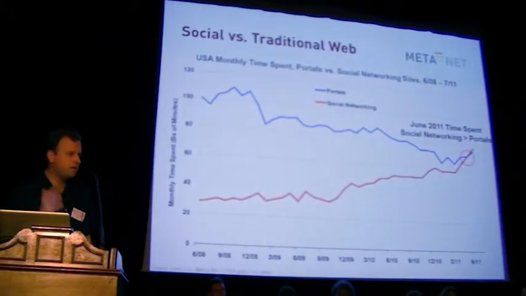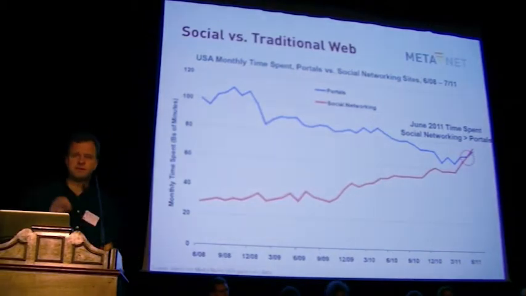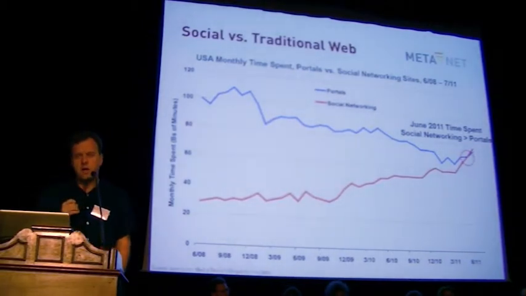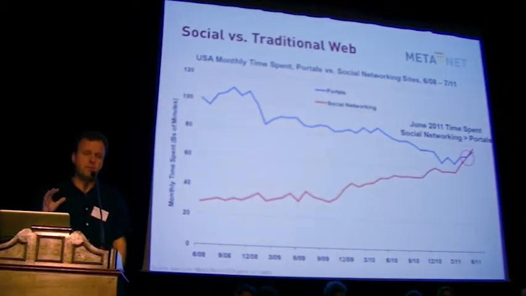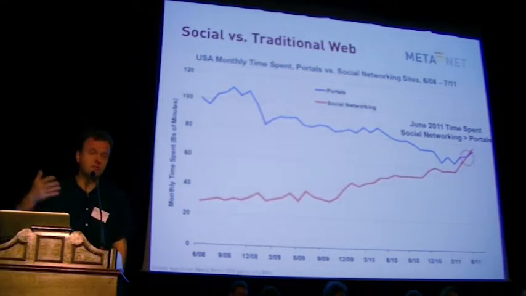Okay, last year probably not many of you spotted this relatively historical moment. This graph shows the amount of time people in the US spent on the traditional web versus the social web. Social web means Facebook, Twitter, and related. Traditional web is just the usual portals and web pages.